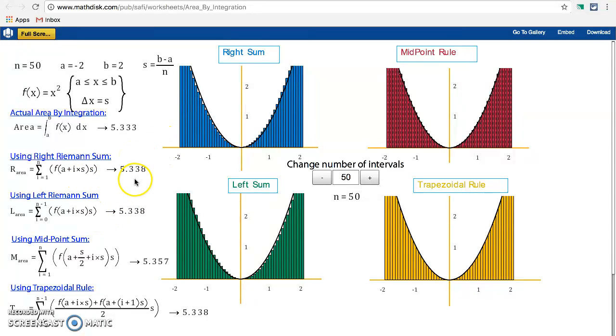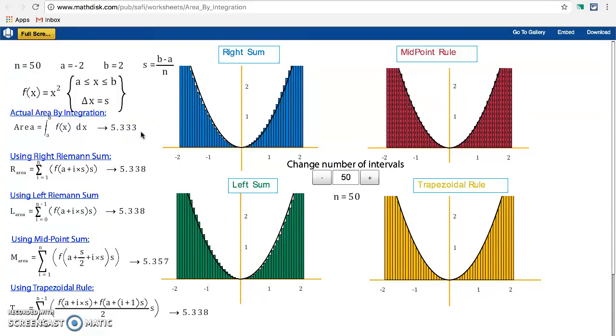On the right sum, we're at 5.338. On the left sum, which is the green one, we're also at 5.338. On the trapezoid, we're also at 5.338. And on the midpoint rule, we're at 5.357. So each one of them is getting very close to the 5.333 one that we were looking for.